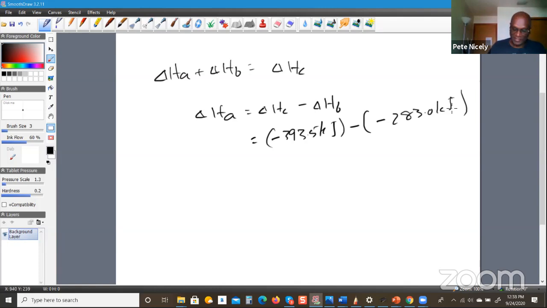And according to my calculation, 393.5 minus 283.0. Okay, so the answer I got here is minus 110.5. All right, so that's basically how, oh, by the way, the answer would be in kilojoules, of course, all right? So that's basically how you can do that.